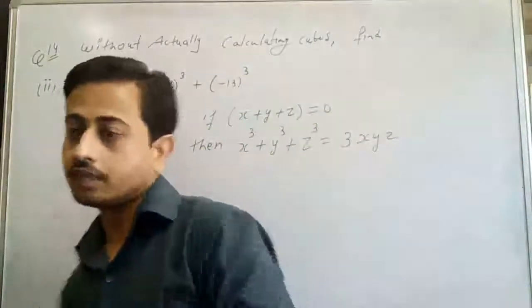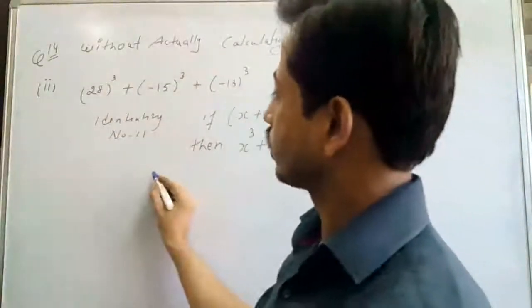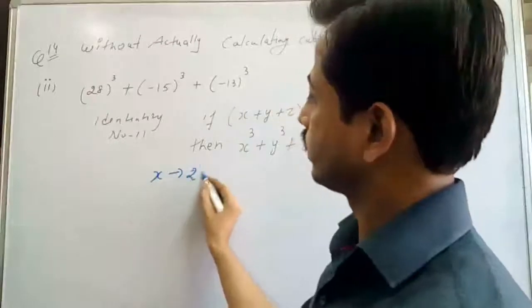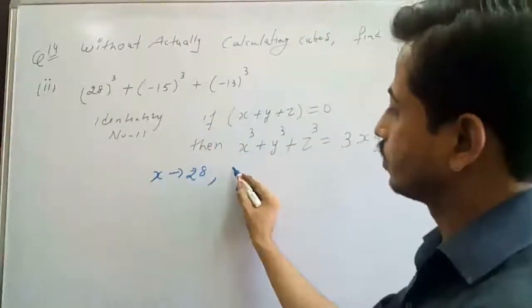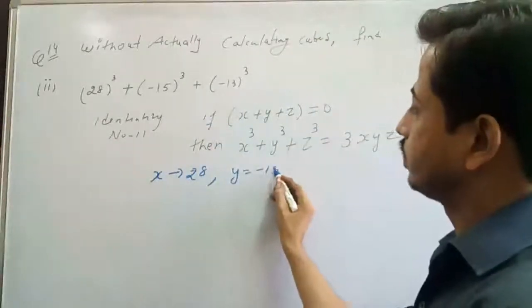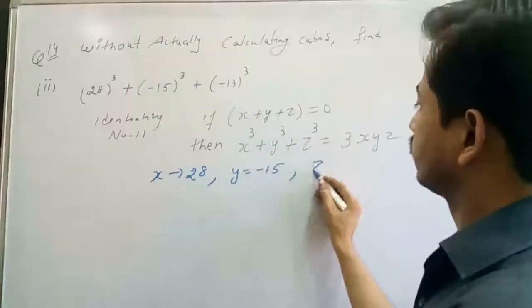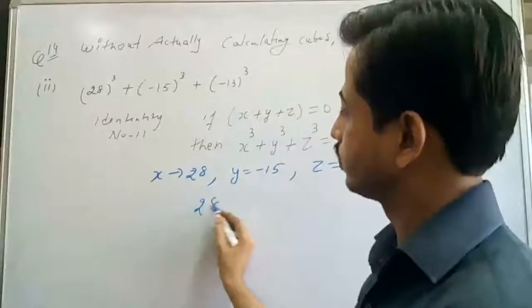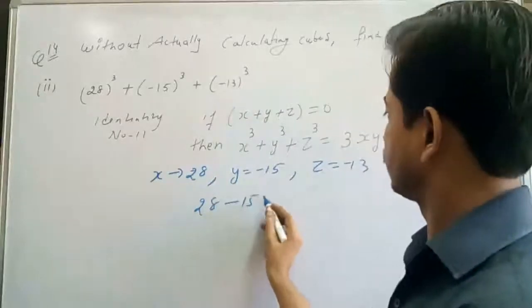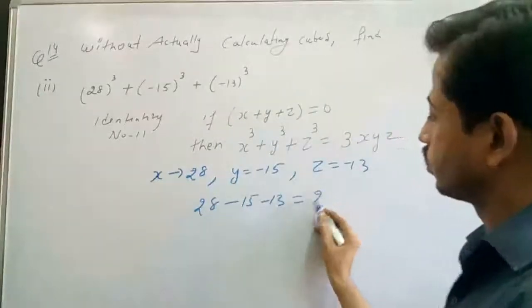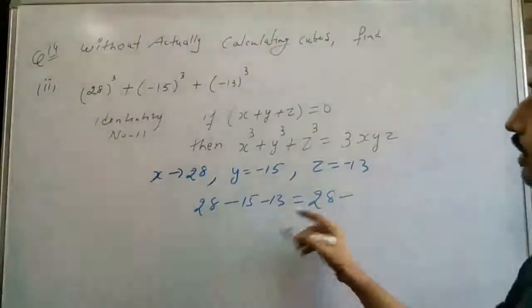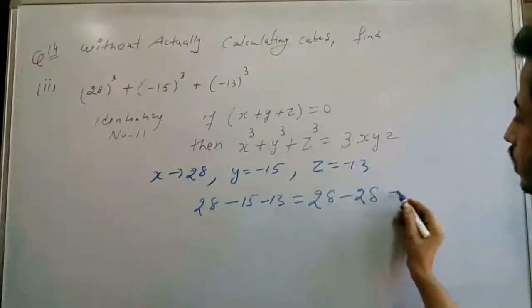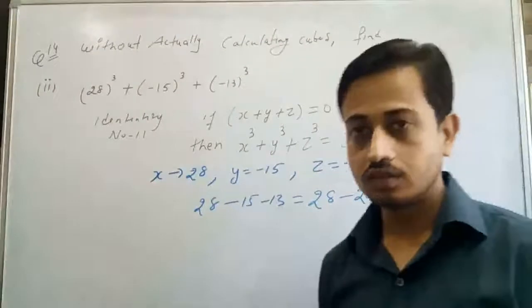So do the same check. x is 28. y is minus 15. And z is minus 13. Now look at 28 minus 15 minus 13. 15 and 13 is 28. 28 minus 28 is 0.